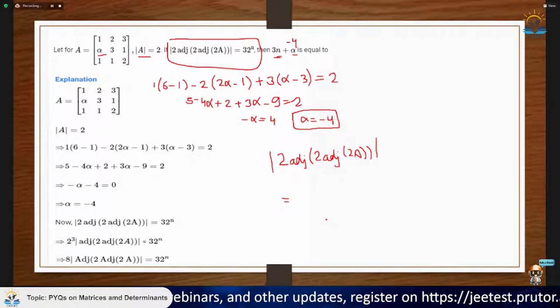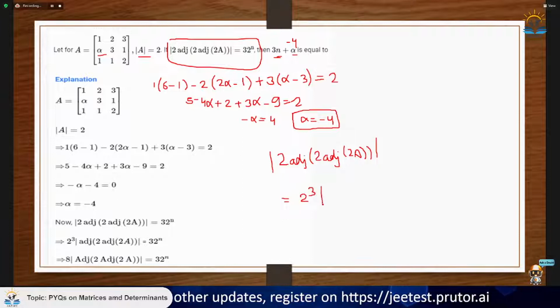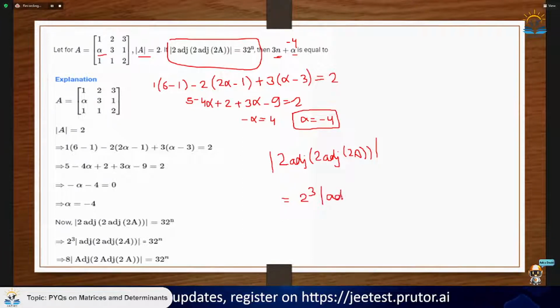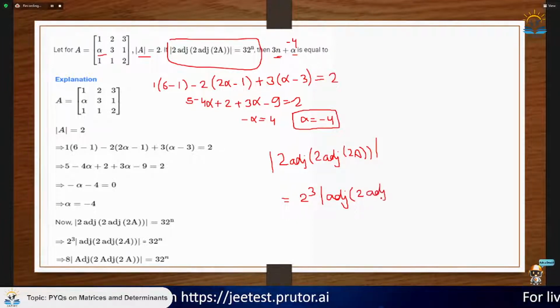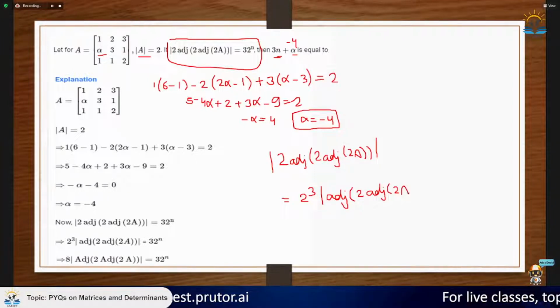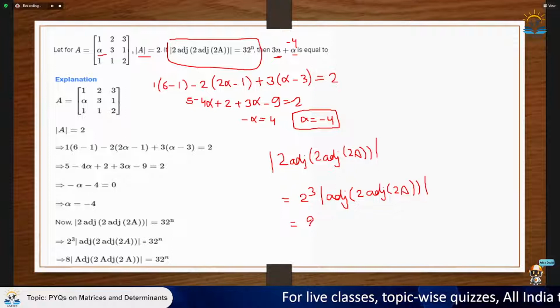So 2 power 3 will come out. So 2 power 3 adjoint of 2 times adjoint of 2A. Okay, and then it would be 8 times.